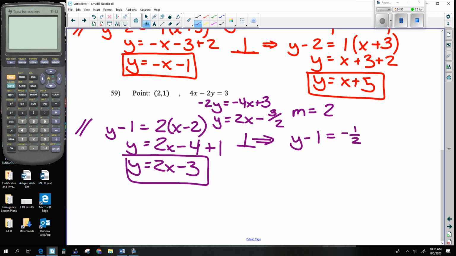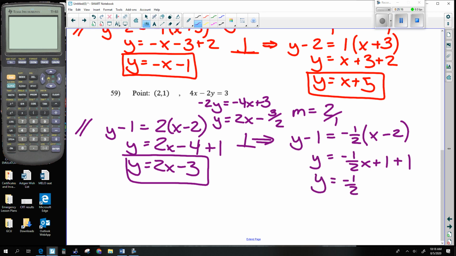So that's -1 over 2, because again, this is a positive 2 over 1, so opposite, negative, reciprocal, 1 over 2. X minus x1. So this is negative 1/2 x plus 1 plus 1. There you go.